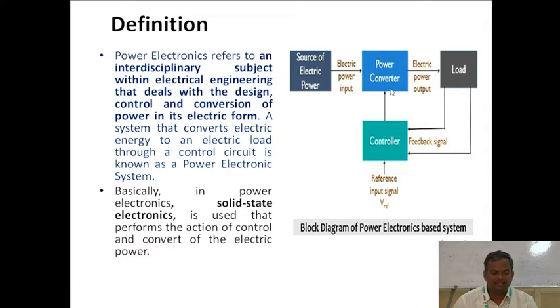So basically, in power electronics, solid state electronics is used that performs the action of control and conversion of electrical power. Here we are using two words, controlling and conversion.